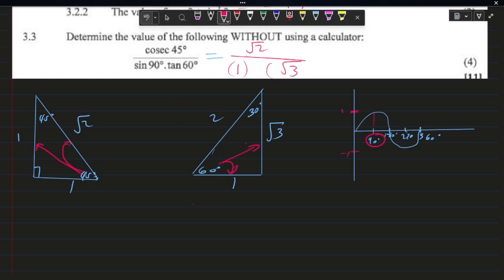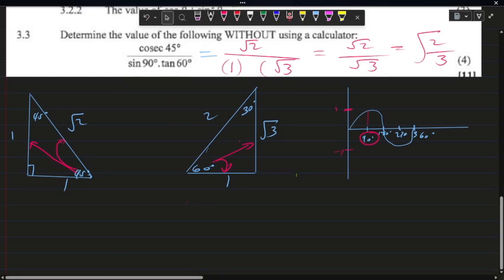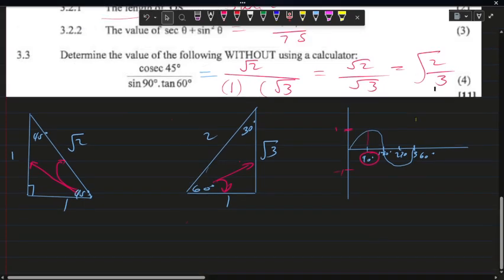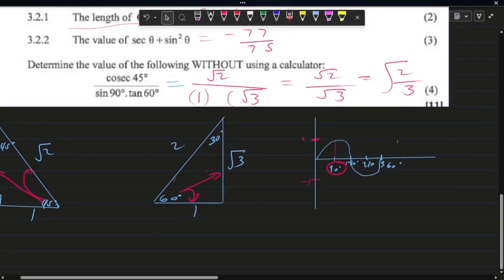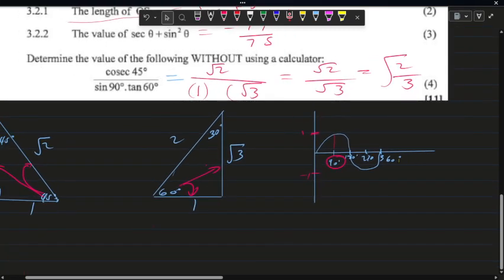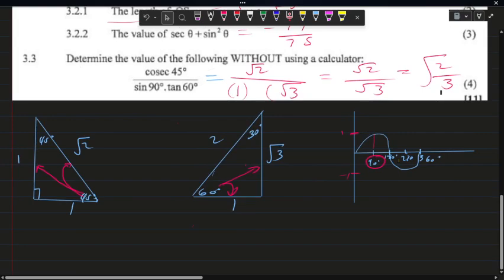Now this is root 3 over 1, which is basically root 3. So this can be simplified, and we have root 2 over root 3, and then we can write it like this. Okay, so this is our final answer.